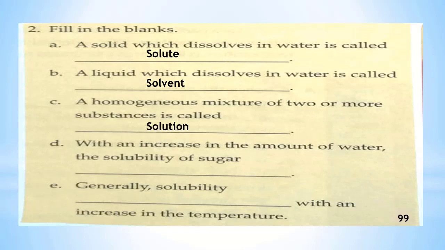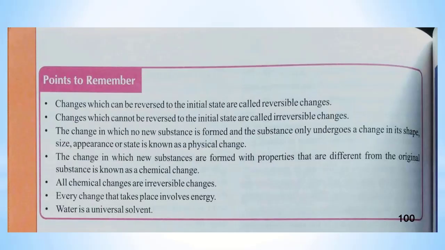D. With an increase in the amount of water, the solubility of sugar also increases. अगर हम water की quantity को increase करेंगे तो automatically sugar की भी quantity और solubility increase हो जाएगी. E. Generally, solubility increases with the increase in temperature. So all of you write down and fill in the blanks on page number 99.